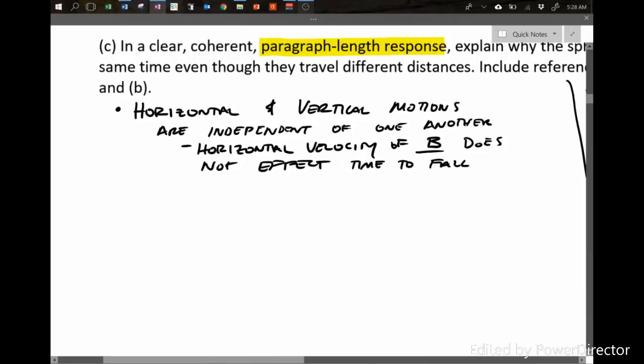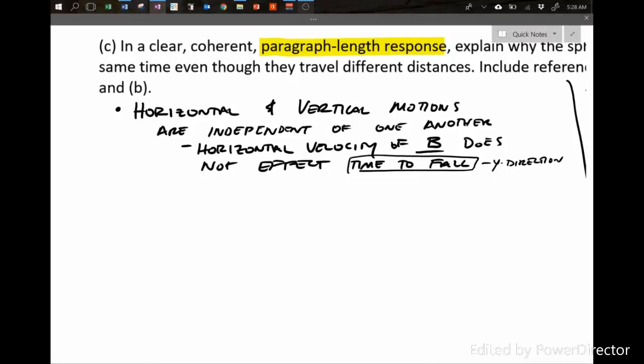Horizontal velocity of B is the horizontal thing, and time to fall happens in the y direction. So we've established that it doesn't really matter that B has a horizontal velocity. It's in no way going to affect how long it takes to fall. That is a good point to make.